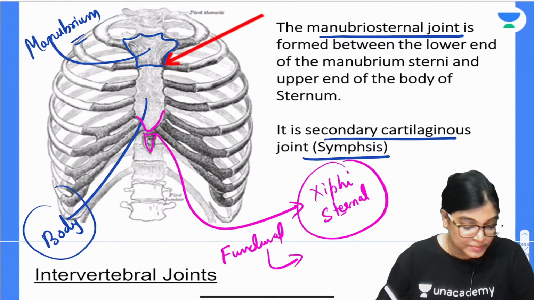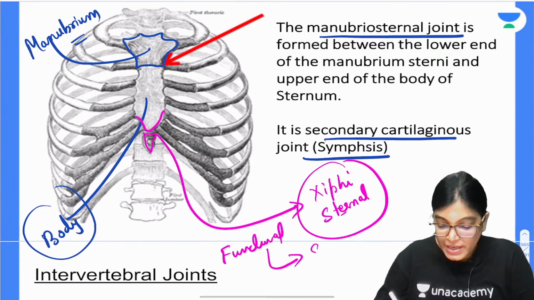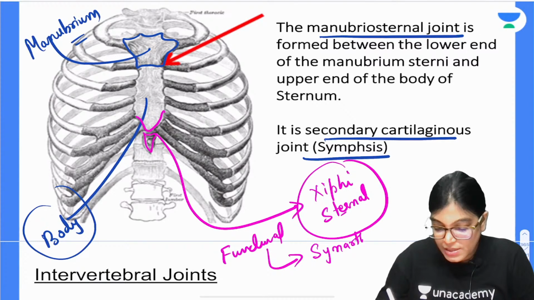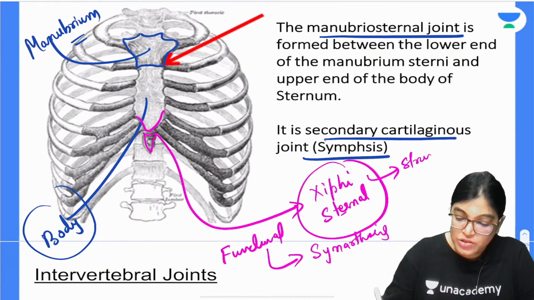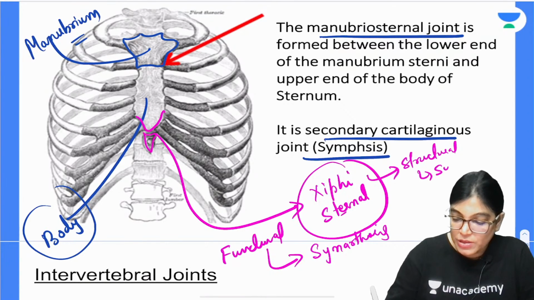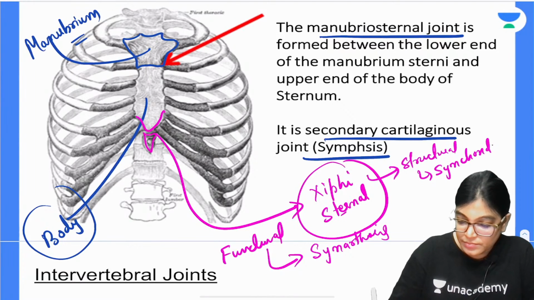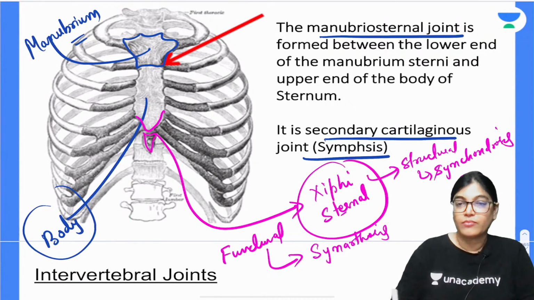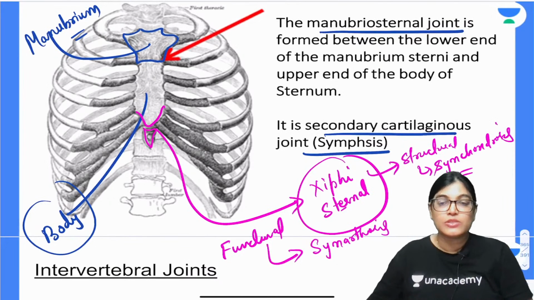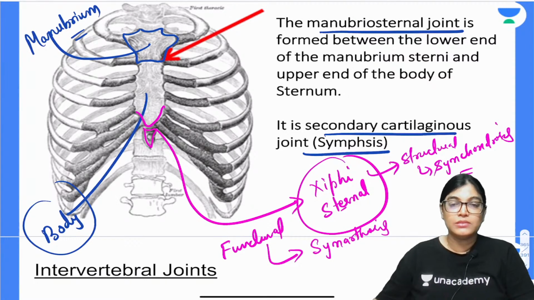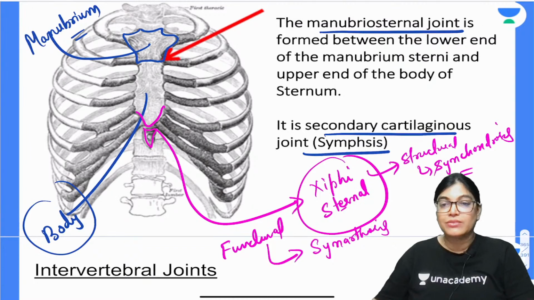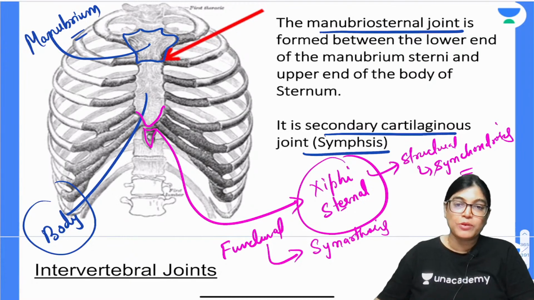Can anybody tell me, functionally it is an example of synarthrosis, and anatomically or structurally it is an example of synchondrosis. So, please note down, xiphisternal joint is structurally synchondrosis and functionally synarthrosis. All of you write down this joint and its type, because this is commonly asked in the examination.